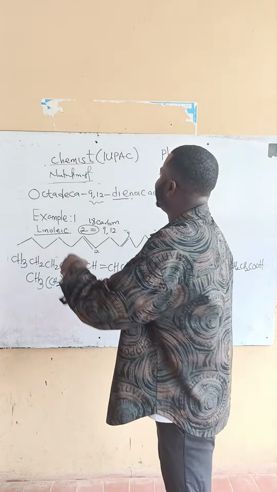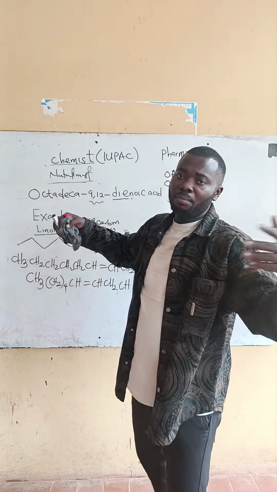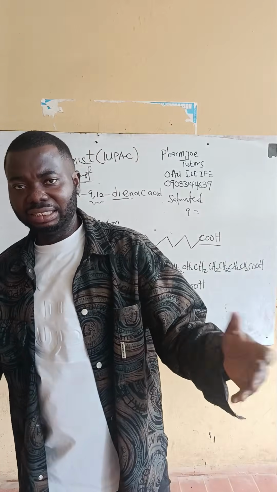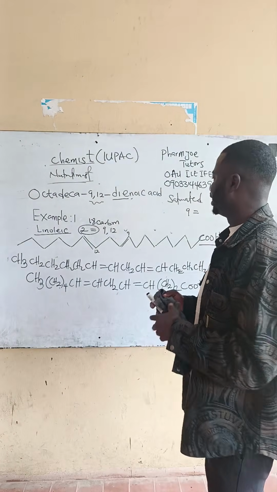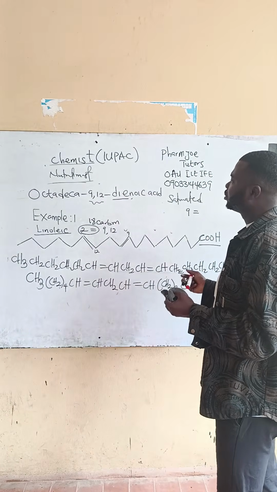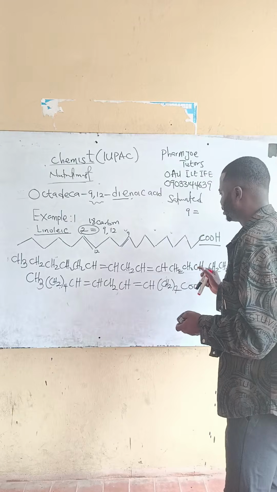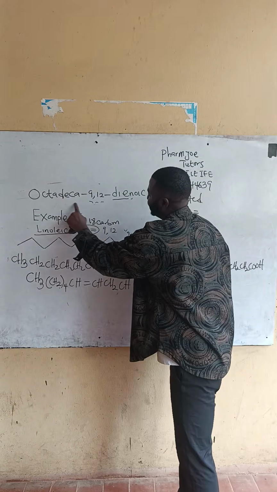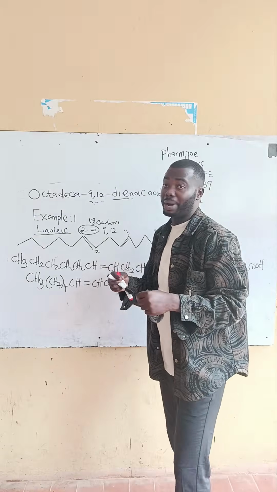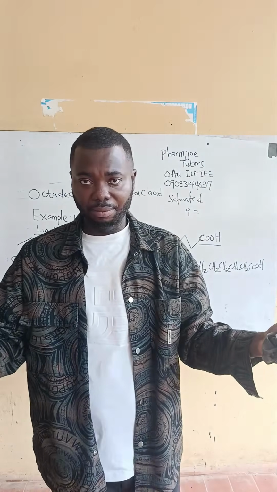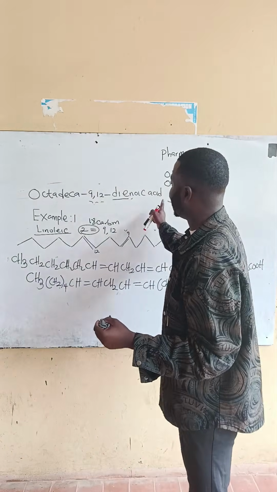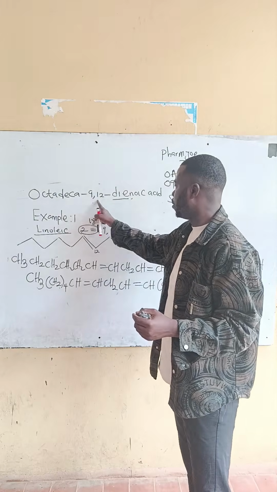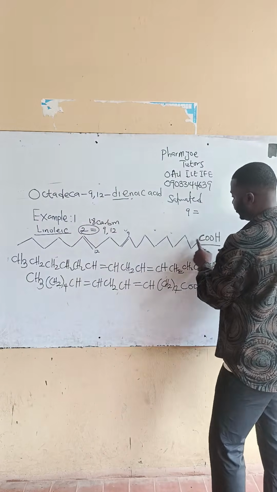Now, there's also a way we name it according to nutritionists, biochemists, and in medicine. The one by chemists, by IUPAC, is the generally accepted way: 9, 12, starting your naming from here.